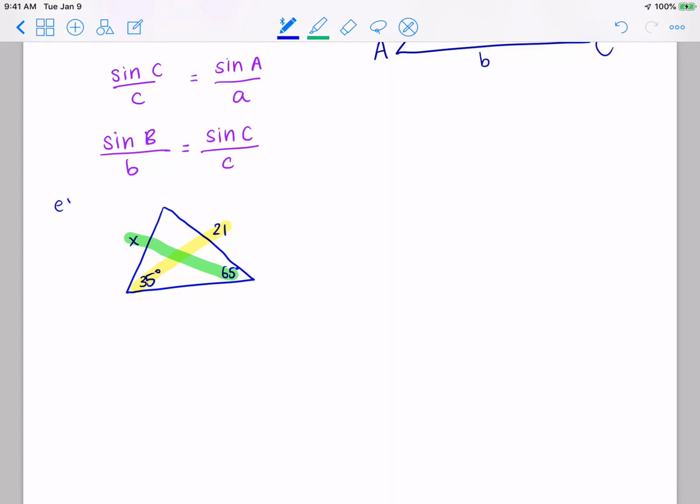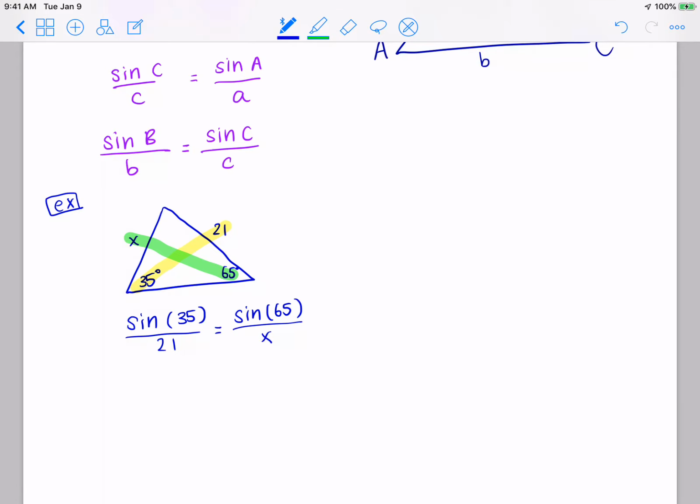So set it up. It would be sine, and remember, the angle always goes right next to the trig symbol, which is sine right here. So it'll be sine 35 over 21 equals sine 65 over x.